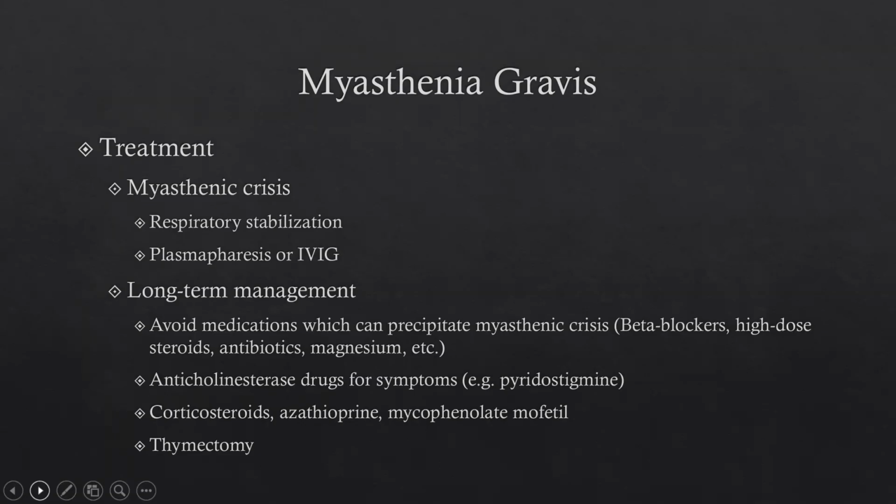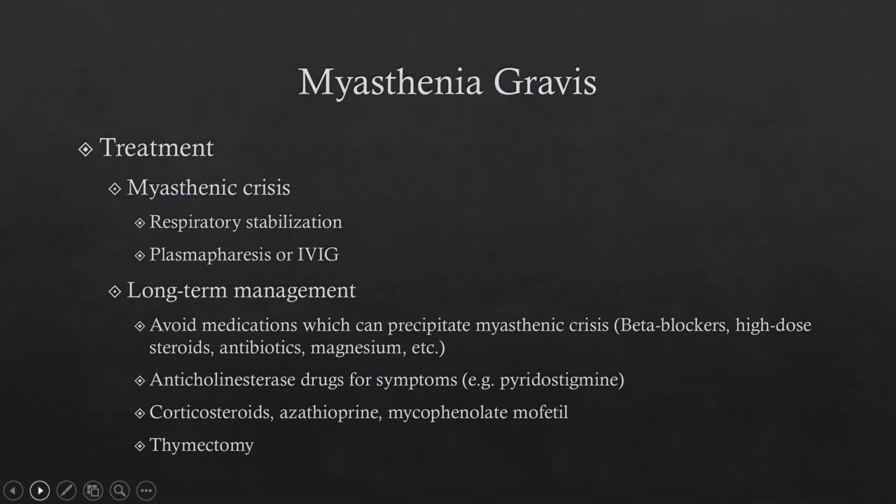In terms of long-term treatment, you want to avoid medication which can precipitate myasthenic crisis. Beta blockers and high-dose steroids can also precipitate a myasthenic crisis, so much so that when you are treating these patients in the acute setting, you want to start them on a low dose of steroids and then slowly escalate the dose.